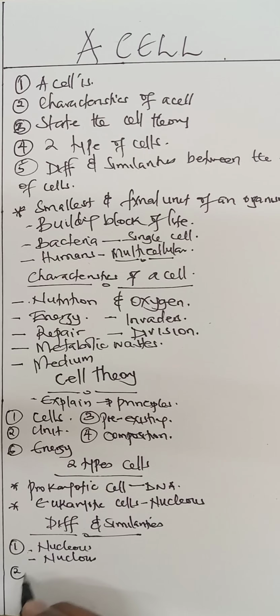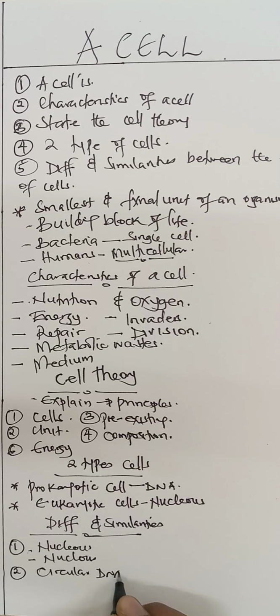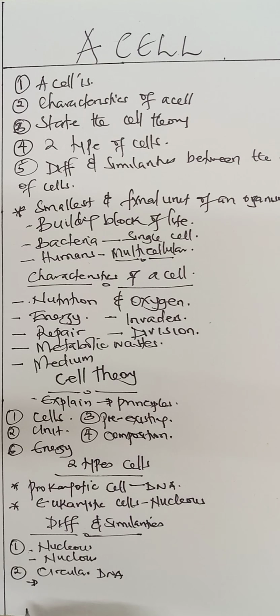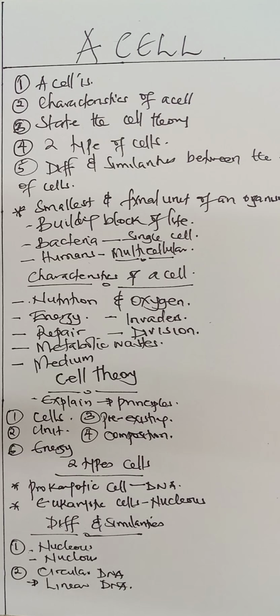Then prokaryotes have what we call circular DNA without histone proteins. But their counterparts have linear DNA with histone proteins, and these histone proteins are very important in gene regulation.